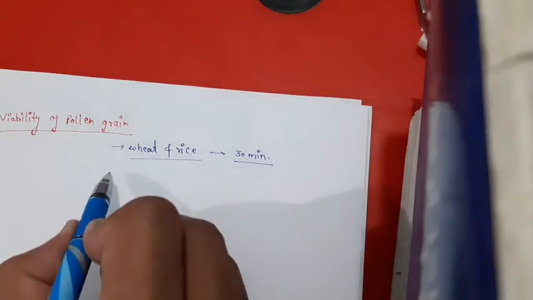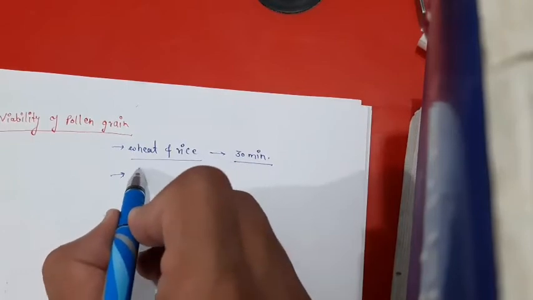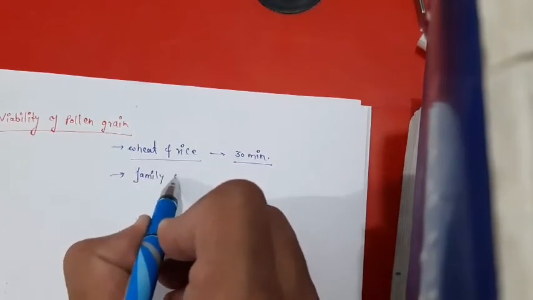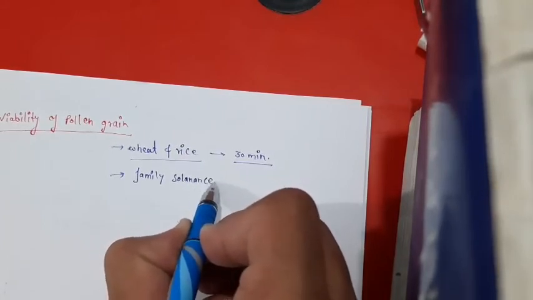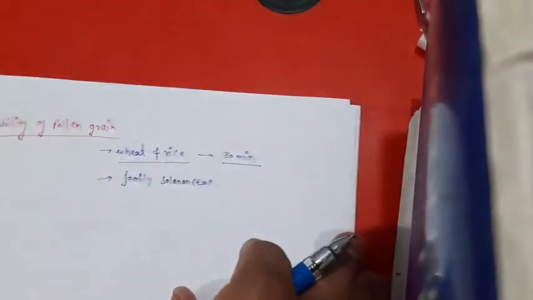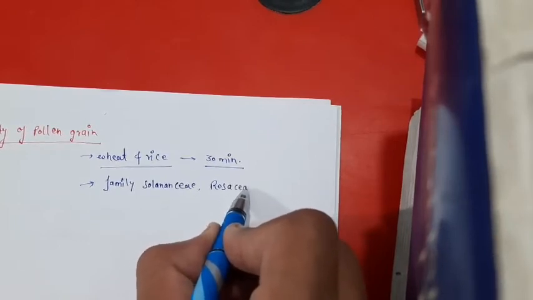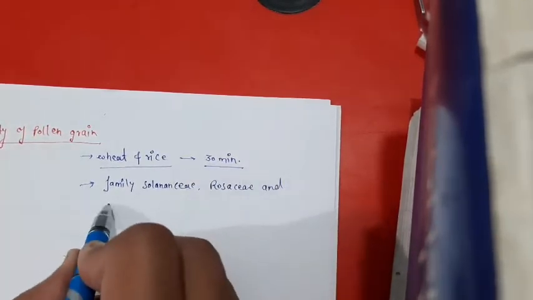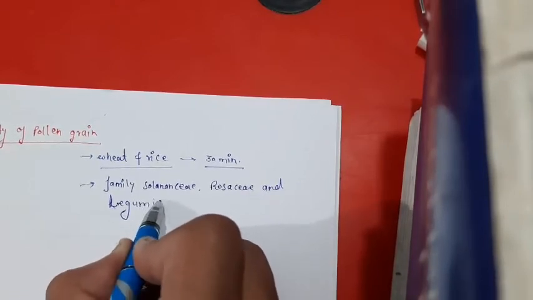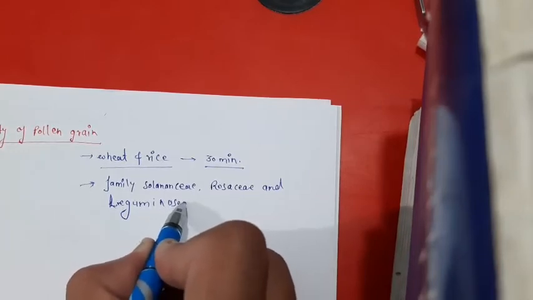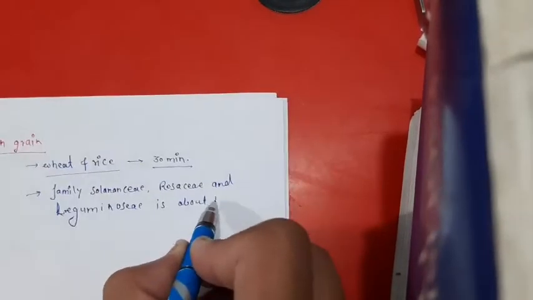And the viability of the families Solanaceae, Rosaceae, and leguminous is about 1 month.